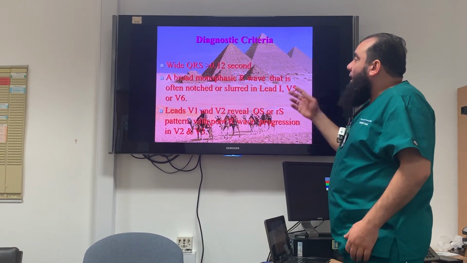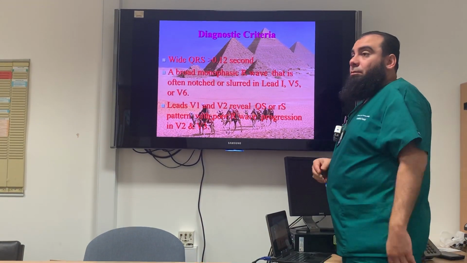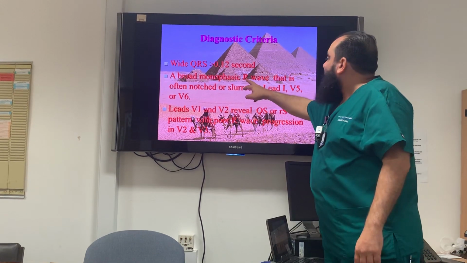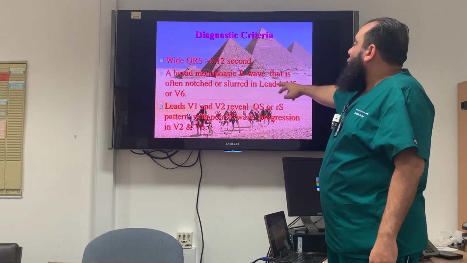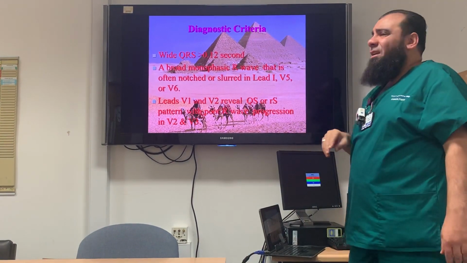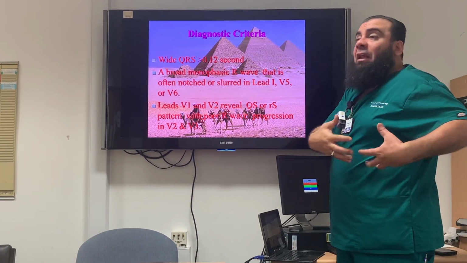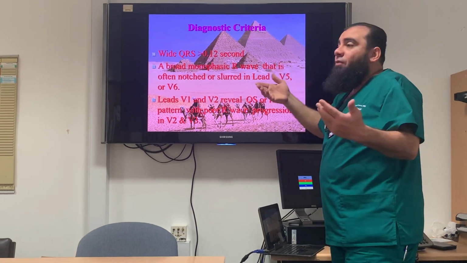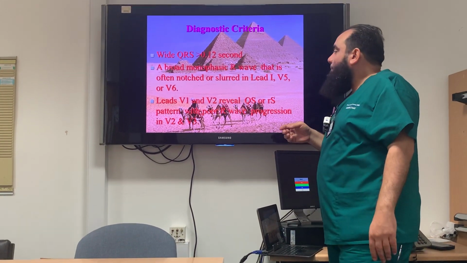Wide QRS, more than 0.12. A broad monophasic R wave that is often notched or slurred in lead 1, V5 and V6, which are obviously the lateral leads, actually looking at the left ventricle as we agreed. So we will find a notched R wave, like an M wave again, but an R wave in V5 and V6.